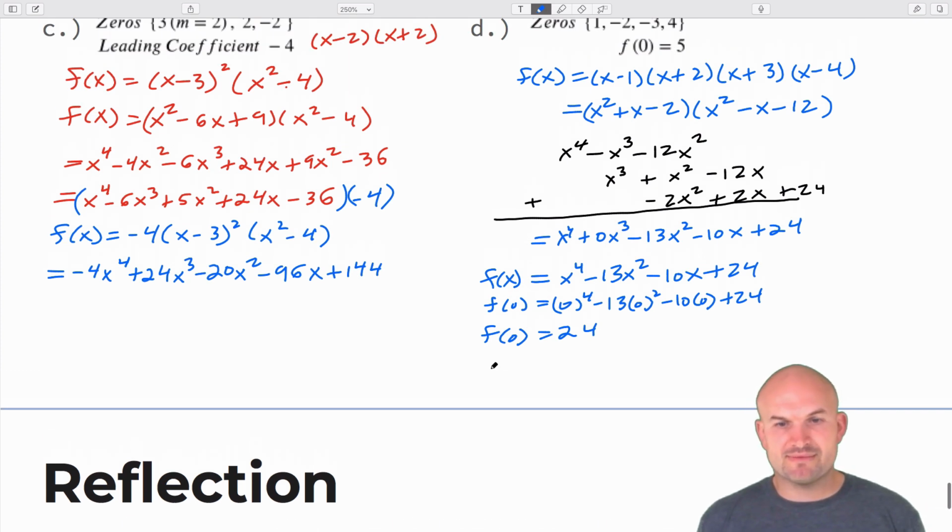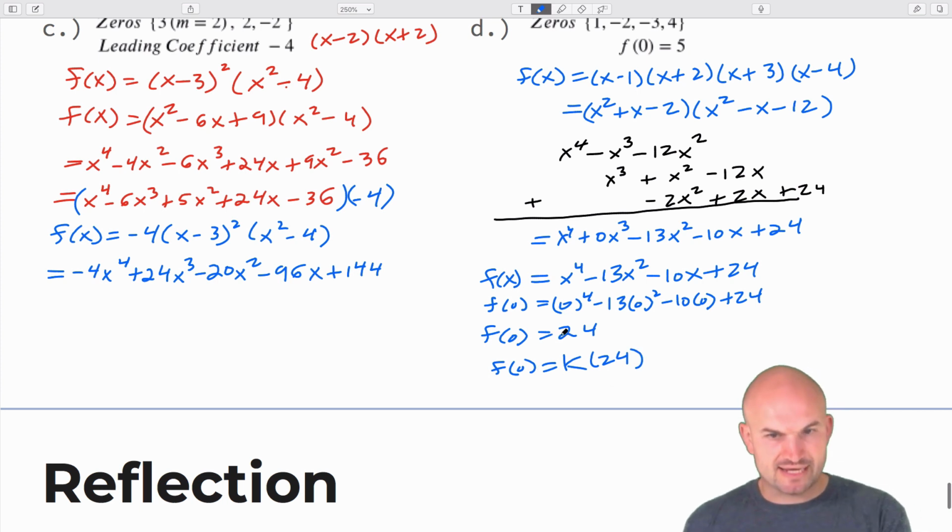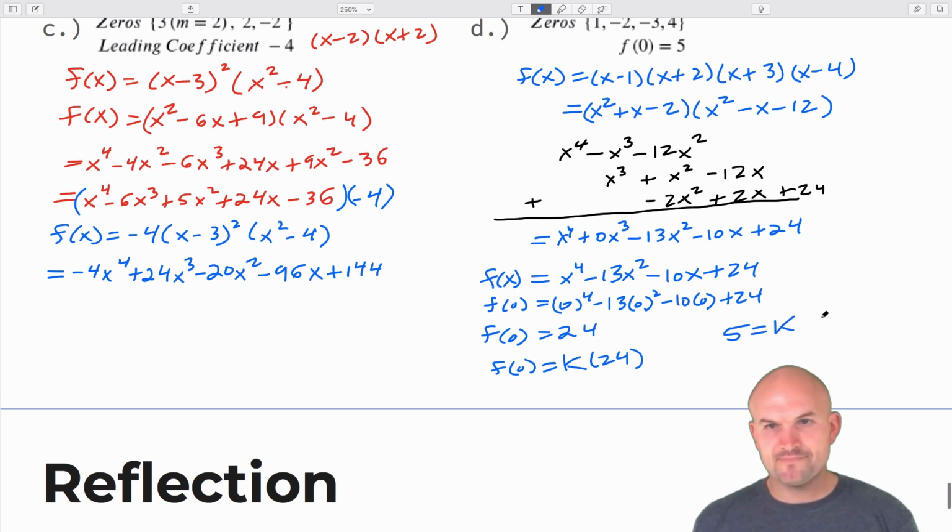So what I'm going to do is say f of 0 needs to equal some scalar k times 24. So f of 0 equals 5 is equal to some scalar k times 24. Divide by 24, divide by 24, and k equals the scalar 5 over 24.